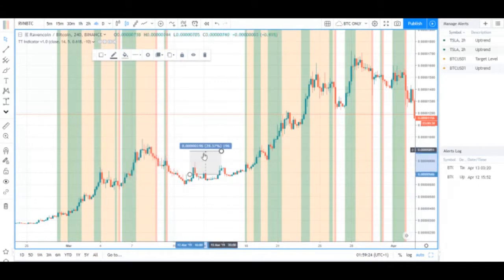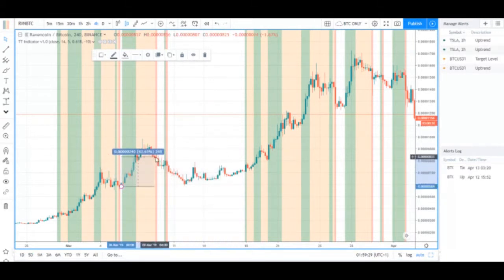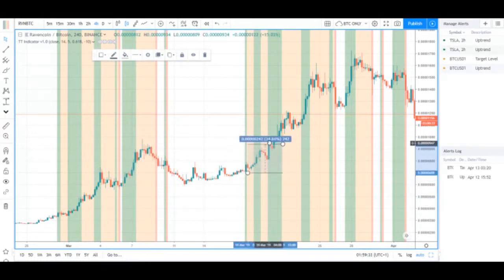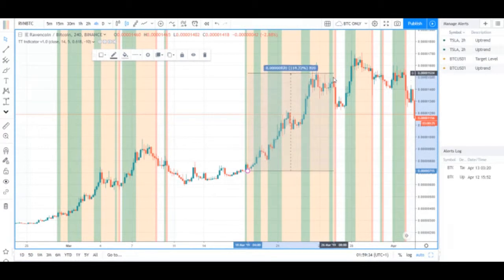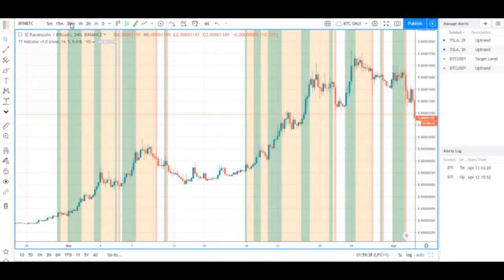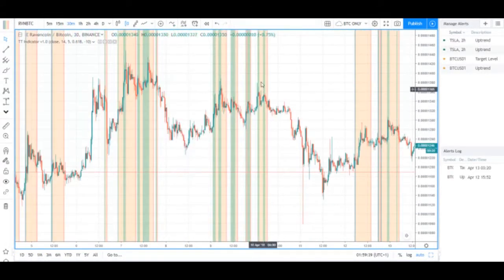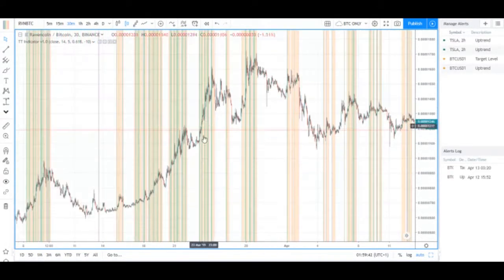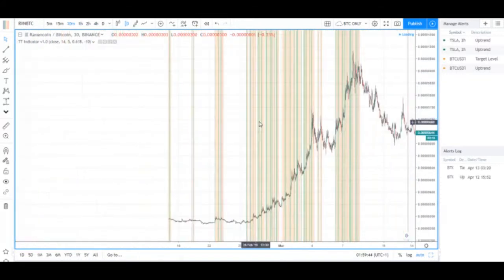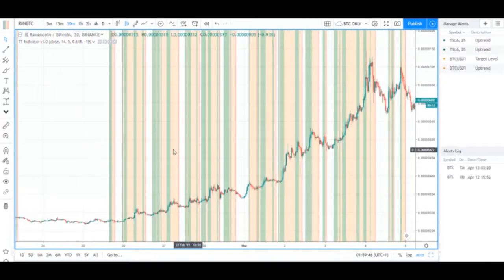I do have another indicator that I haven't done a tutorial for yet that would give you better exits than this, but we'll talk about that in another video. But yeah, Raven's been doing very well. Now if I switch to the 30-minute, I'm pretty sure I can find an example of a blue counter trend starting the uptrend off. And that is by here.